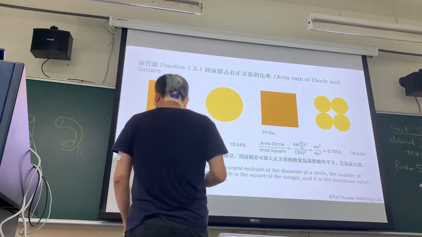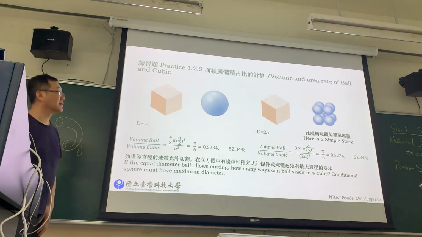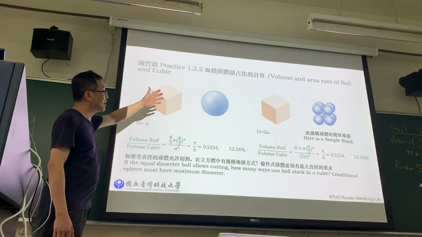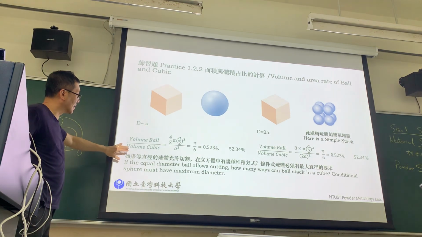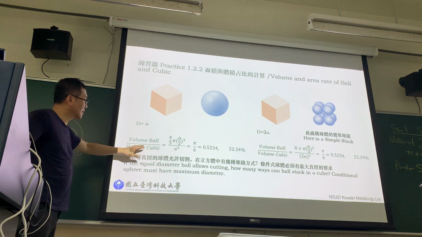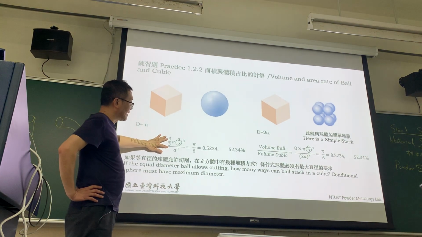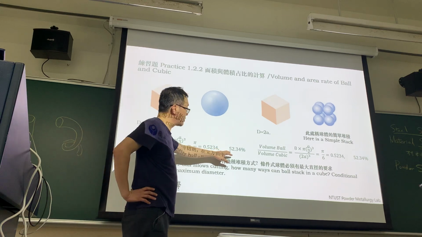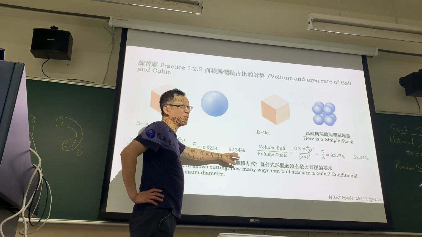Okay, we change. The same, then we make the calculation. So we gather this one. This is the model of a cube. This is the model of a ball. After this, we synchronize, then we got 34%.